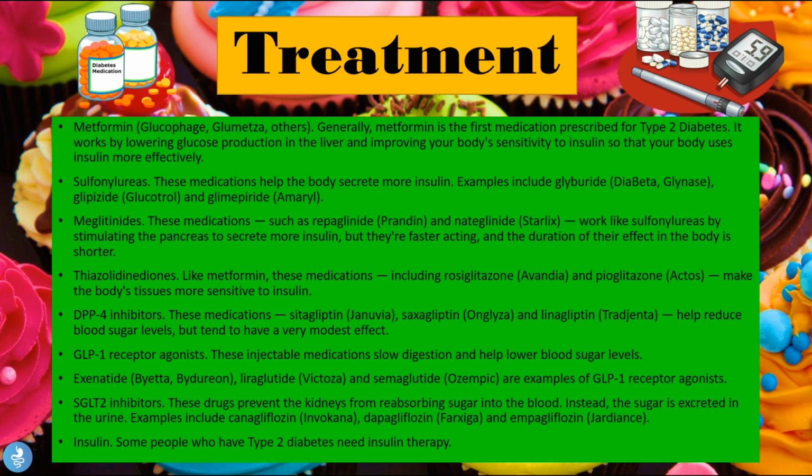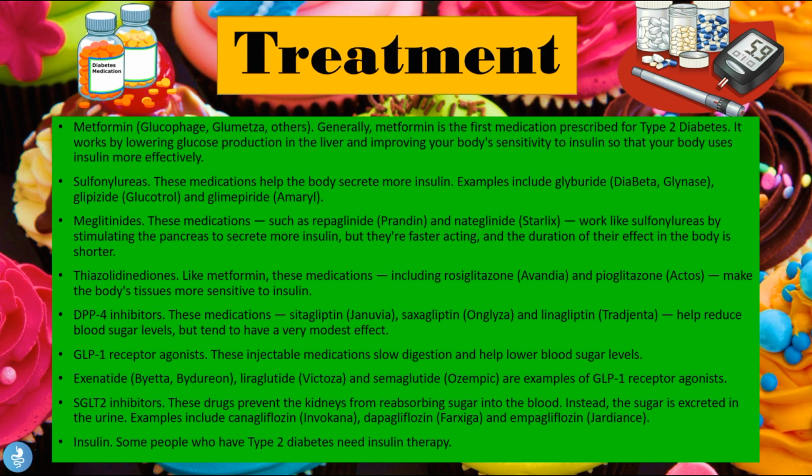Another class of drugs are the sulfonylureas, and these medications help the body to secrete more insulin. Examples include glyburide, which is commonly known as Diabeta and Glynase, glipizide, which is commonly known as Glucotrol, and glimepiride, which is also commonly known as Amaryl.